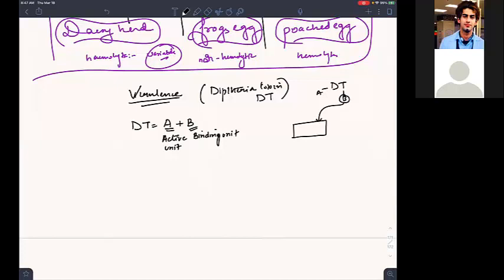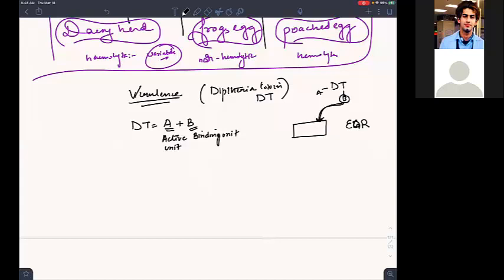Like epidermal growth factor, you have an epidermal growth factor receptor on your cell. So this B component will bind to this part.